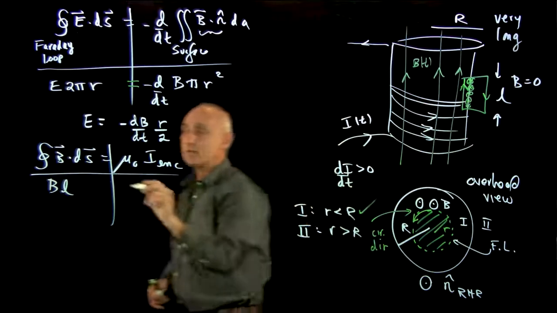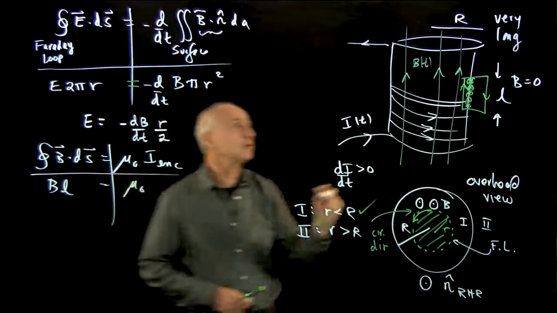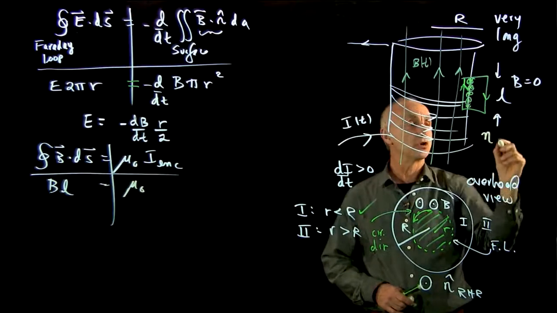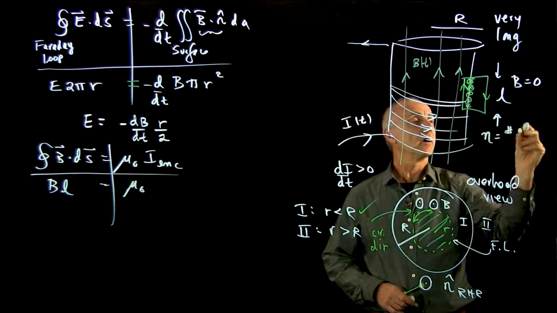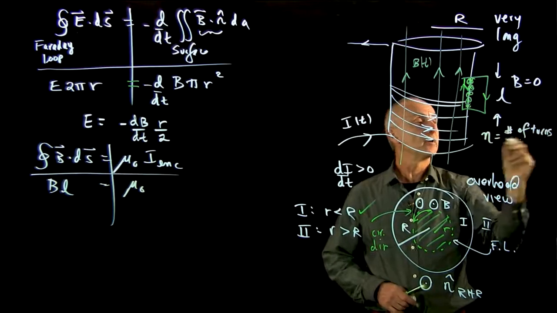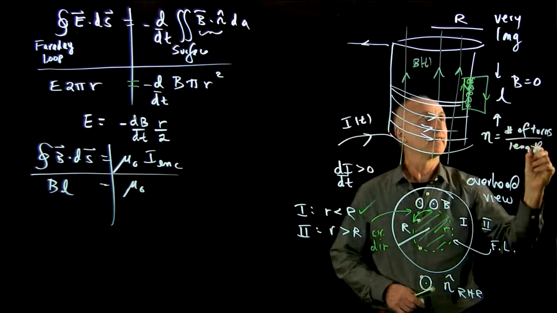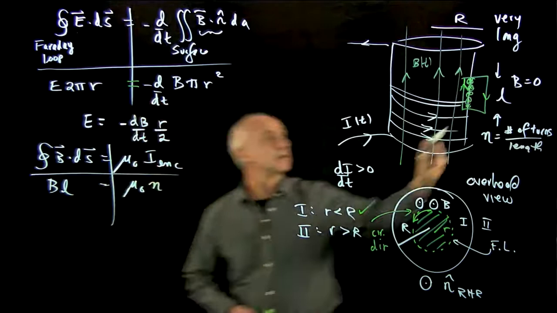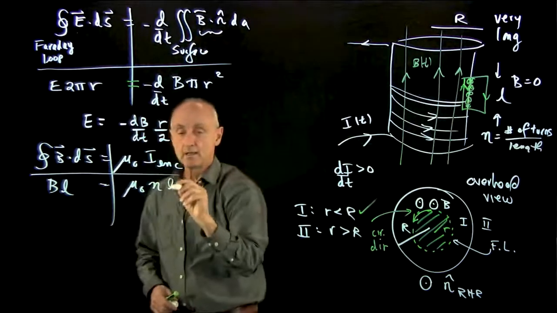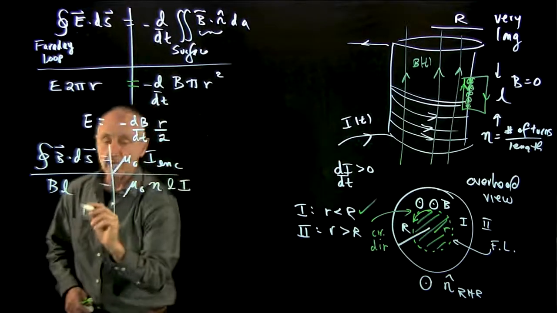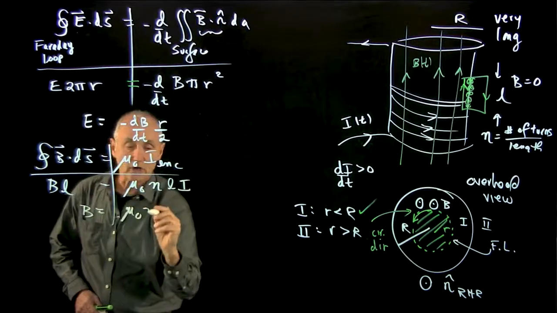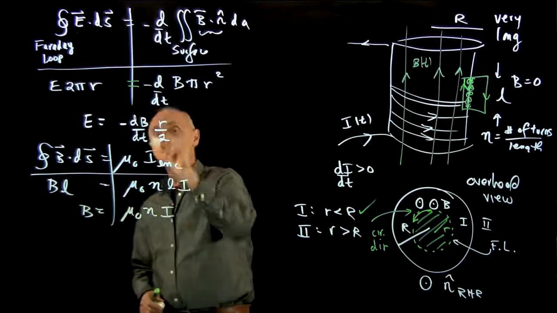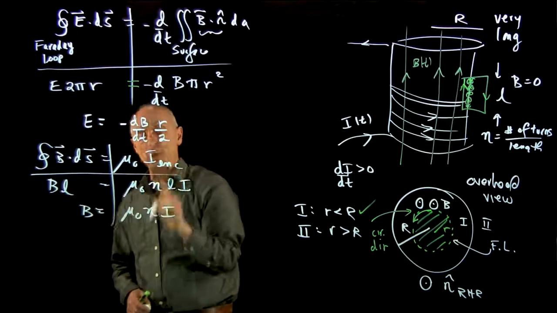And on this side, how much current goes through? Well, if I have a number density of turns, the number of turns per unit length, then I have little n, my length is L, times the current in every turn, and I get that the B field is mu naught n times I. Now, the electric field depended not on the B field, but on the change in B field.